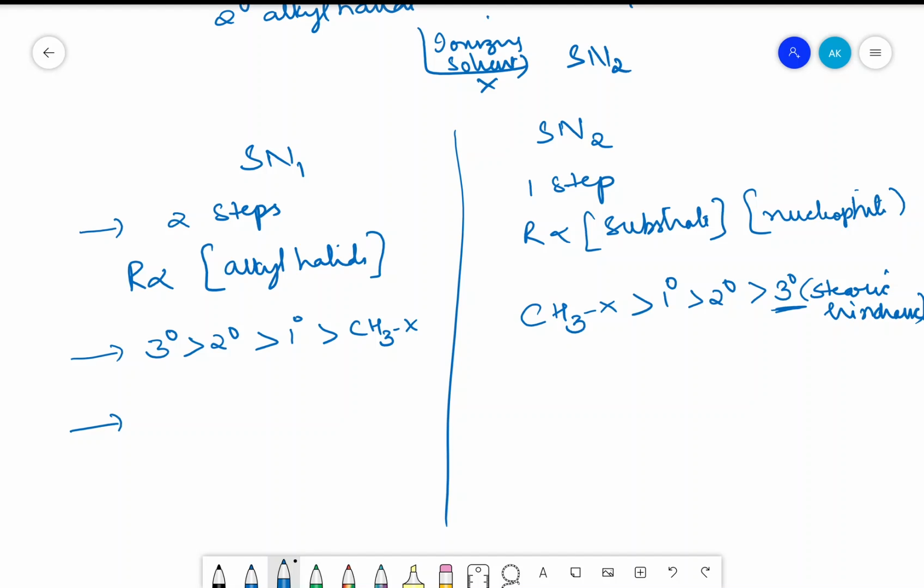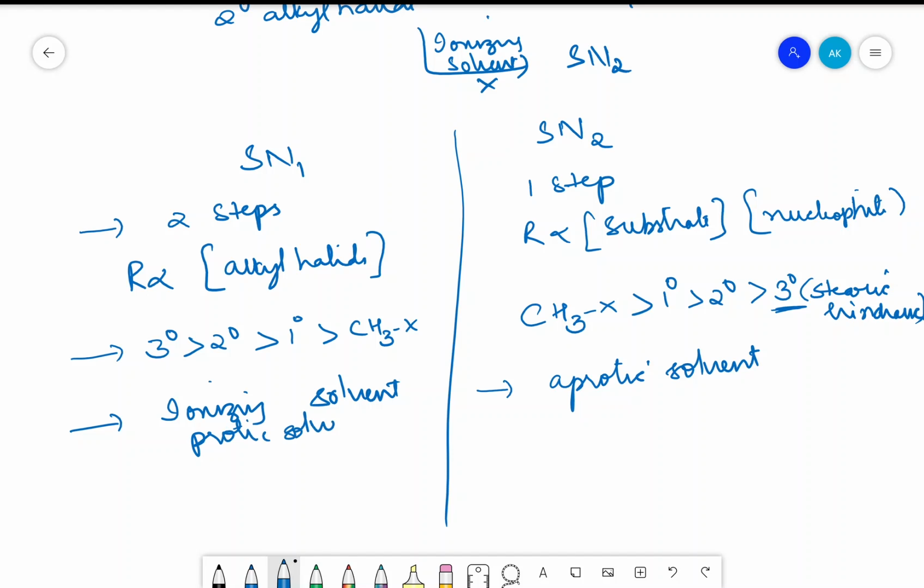SN1 requires an ionizing solvent, whereas SN2 requires a non-polar or aprotic solvent, that is, a non-ionizing one. Ionizing means protic solvents, an example is alcohol.